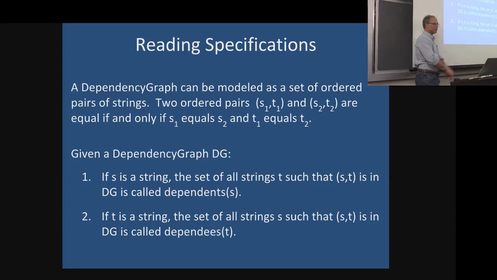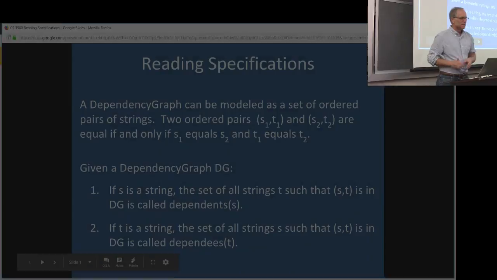Just some more terms that are needed to understand dependency graphs. So at a high level, you should now have a pretty good picture of what a dependency graph is. And if you don't, now's a good time to ask. And if you won't ask, I will.